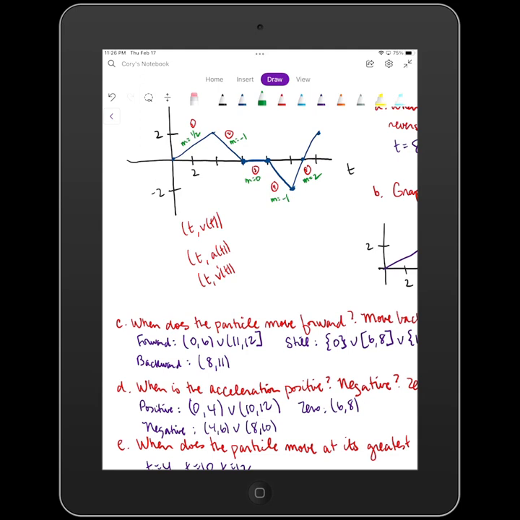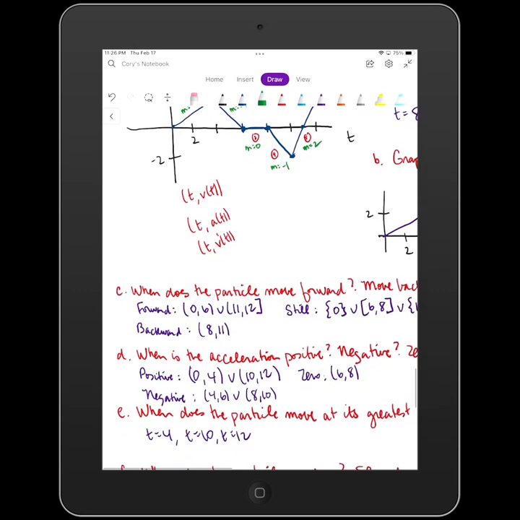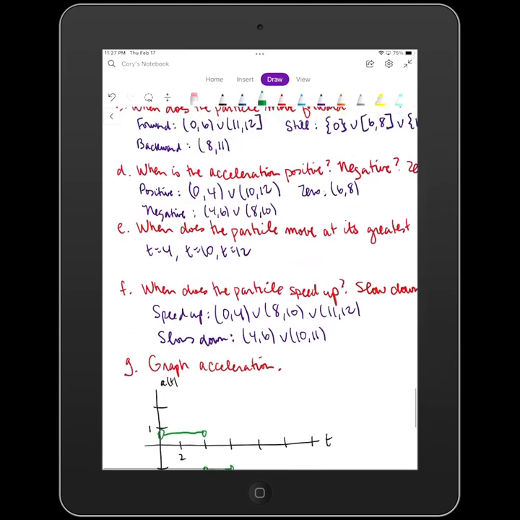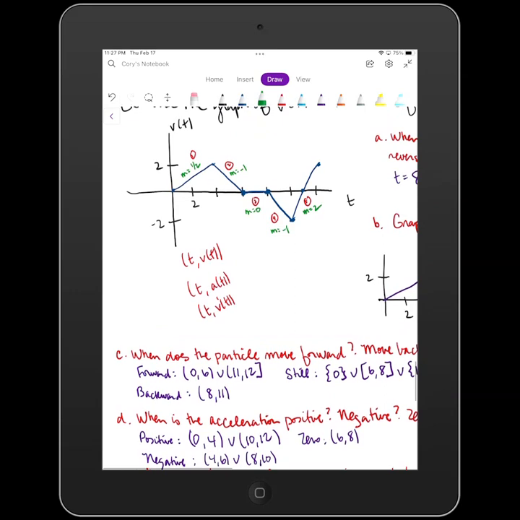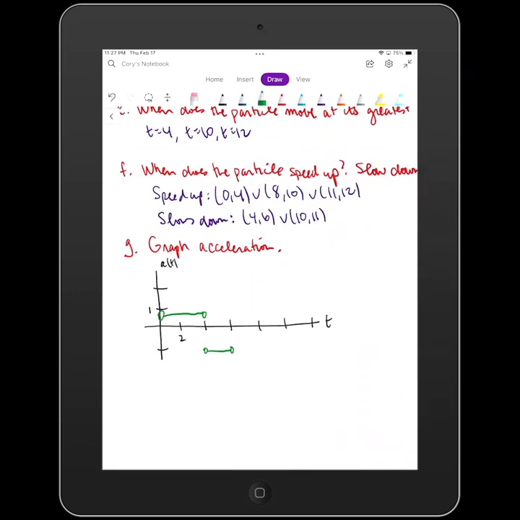Okay, so the second segment has a slope of -1, so in between the t values of 4 and 6, the y-coordinate is going to be -1. So we have to have open dots at the 2 endpoints because your graph has corners at those values. Between the t values of 6 and 8, the slope is 0. So that means the y-coordinate on the acceleration graph is going to be 0.